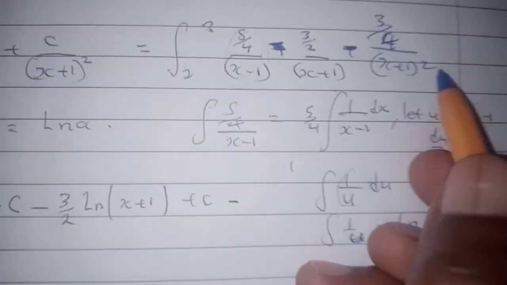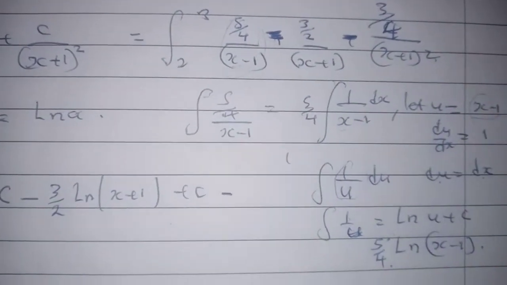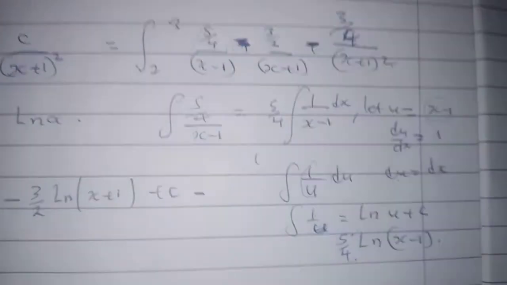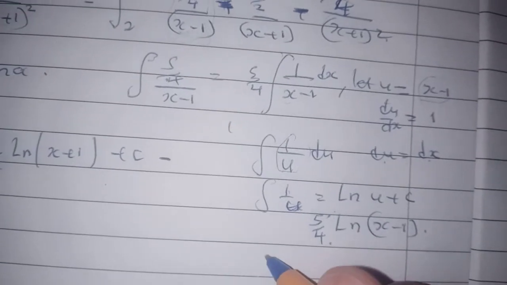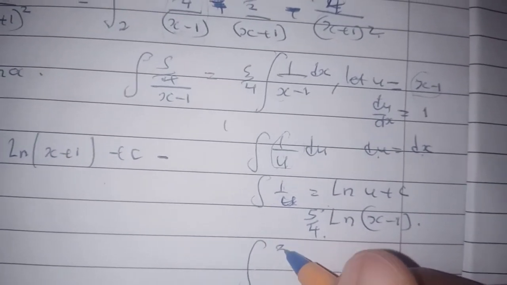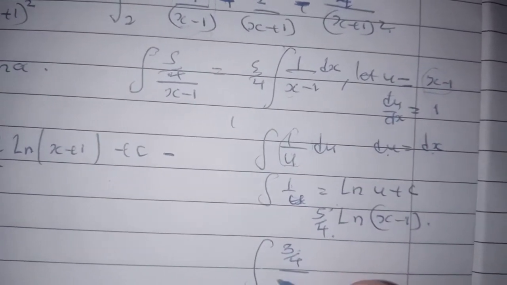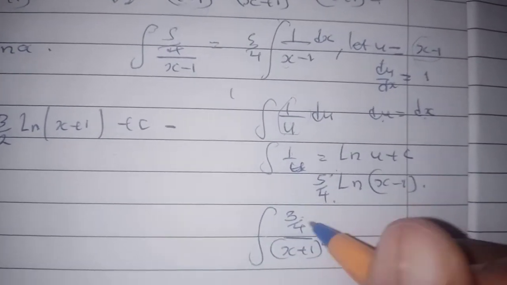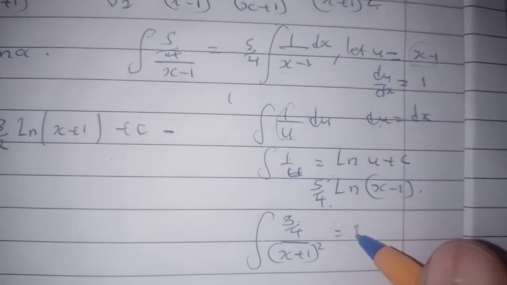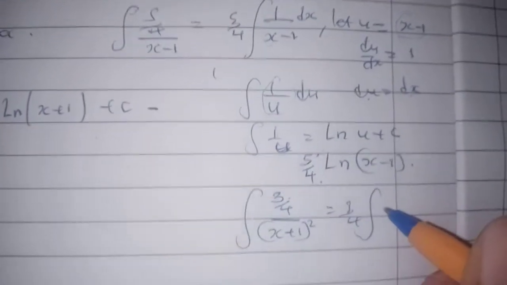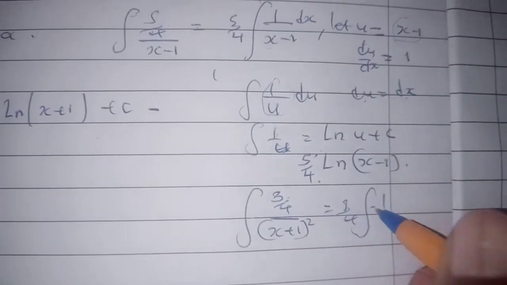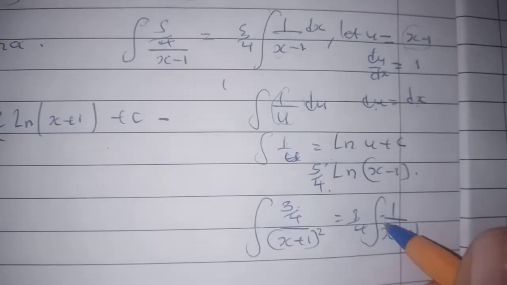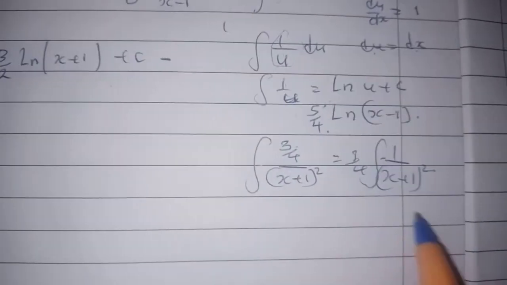Let's use our substitution. Let's integrate such a function. For a function like 3 over 4 times 1 over x plus 1 squared, you can integrate it by taking 3 over 4 outside, so we remain with 1 over x plus 1 squared. Let's use substitution now to integrate what we have here.